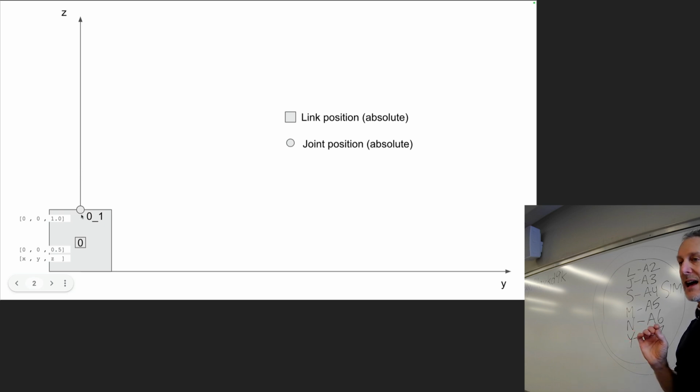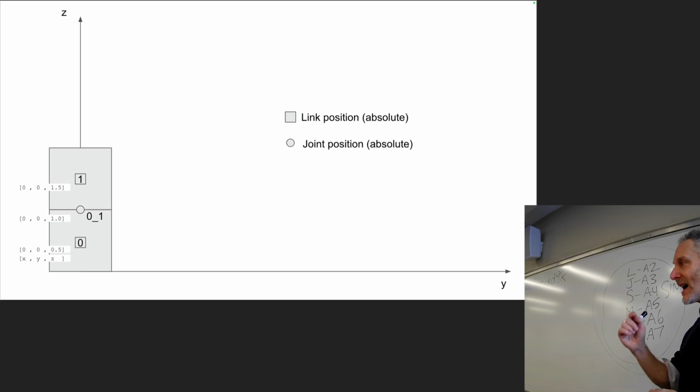That joint has an absolute coordinate. It is at a height of Z equals 1 above the ground. So far, so good. I now add a second link, which is written here in absolute coordinates. The center of this second link, link 1, is 1.5 units above the ground in the Z direction.